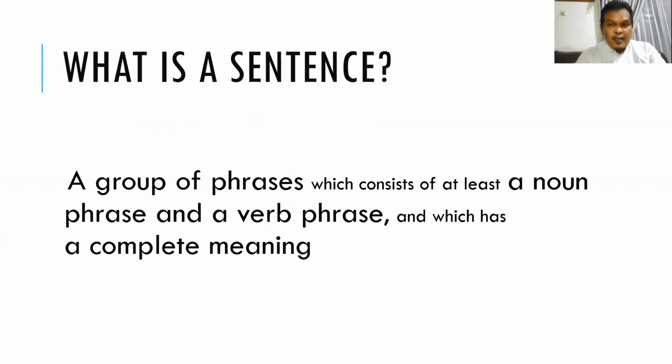I emphasize the use of at least because a sentence can be composed of only a noun phrase and a verb phrase. And remember, the most important criteria of a sentence is that a sentence must have a complete meaning. If it doesn't have a complete meaning, it's not a sentence.